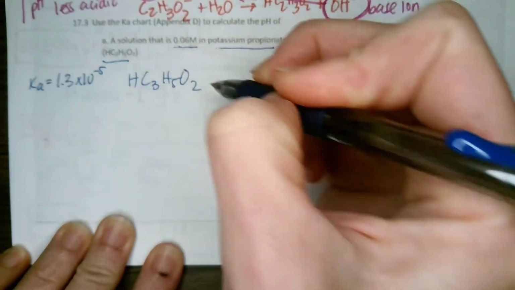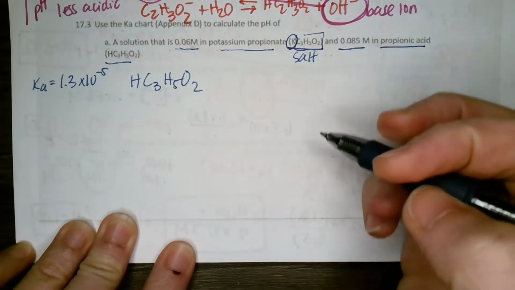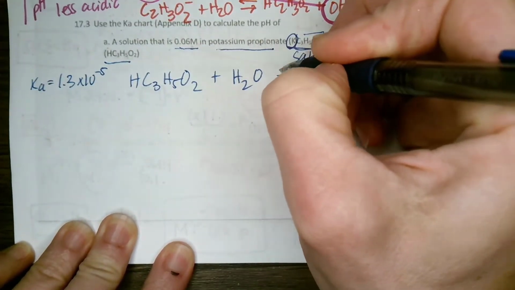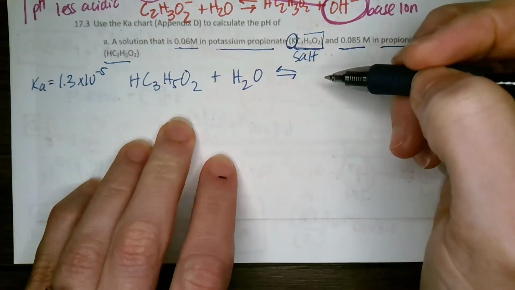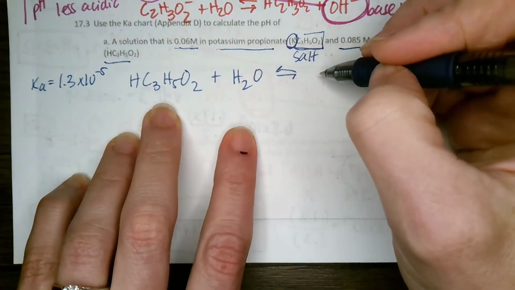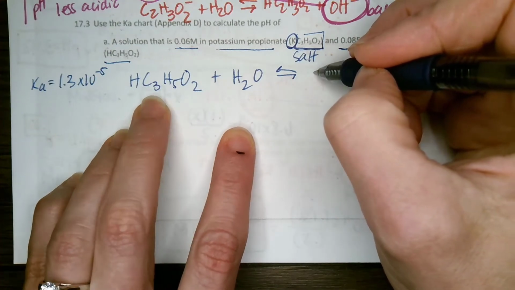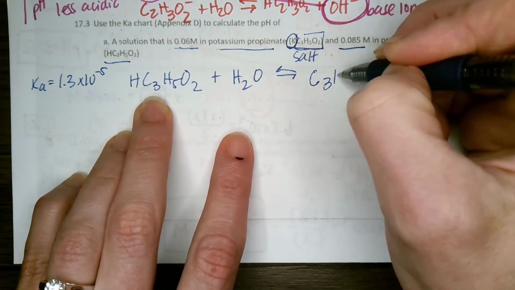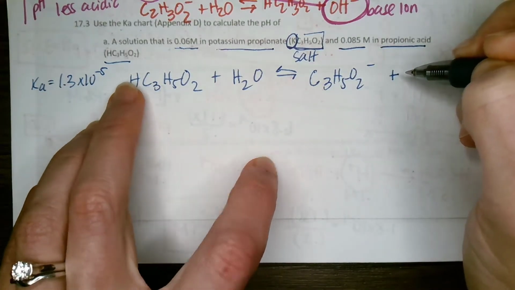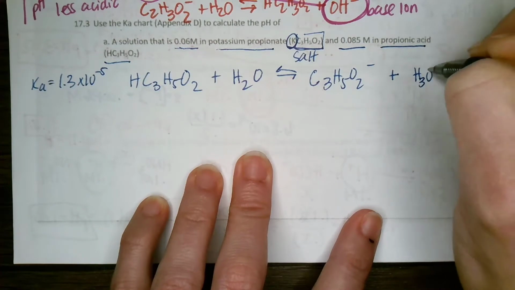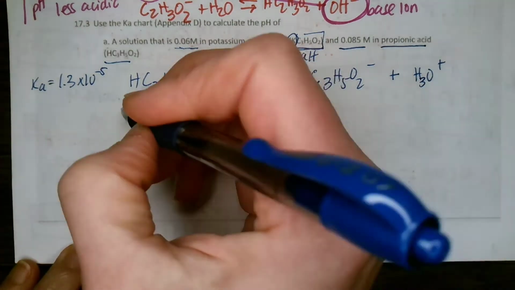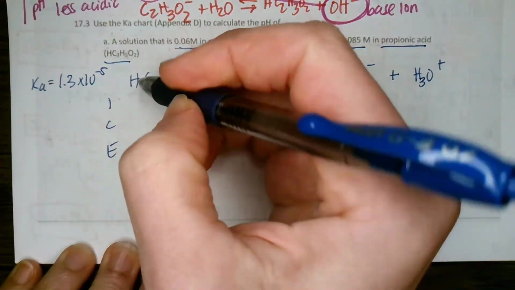So we've got our HC3H5O2. And remember, again, we're going to show the equilibrium where it's going to dissociate in water and form the conjugate base, which is C3H5O2 minus, and this is our proton donor, H3O plus.